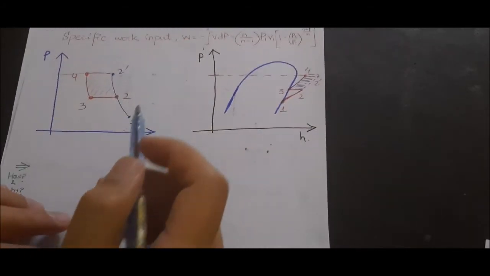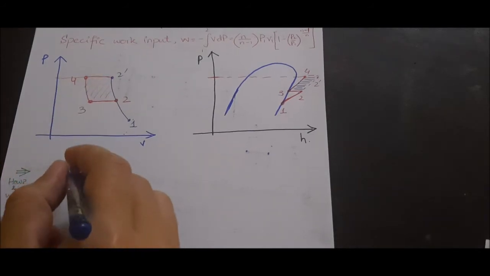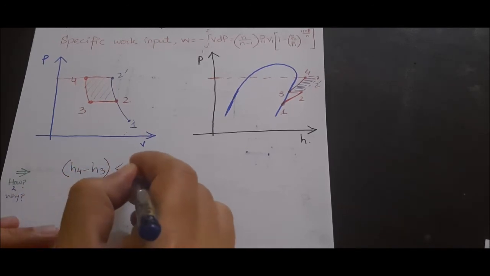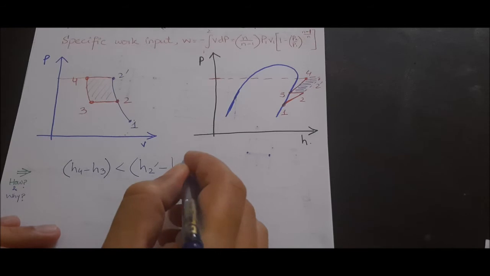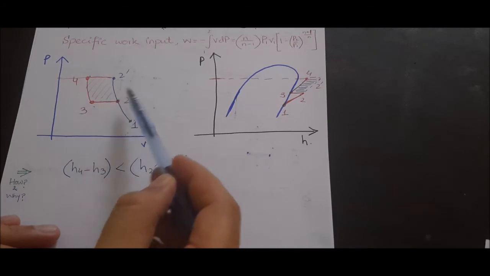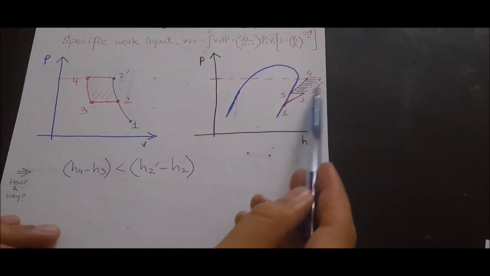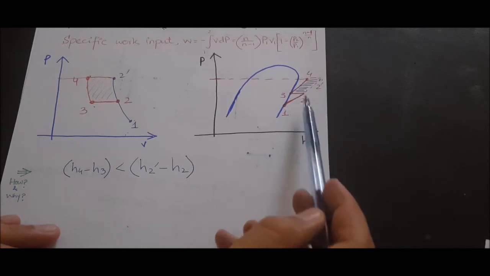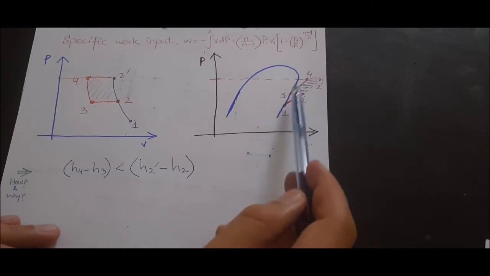Now to discuss further how we have actually reduced this work, you can see that H4 minus H3 is less than H2 dash minus H2, which is quite obvious from here. 2 dash is at higher enthalpy and 2 is also at higher enthalpy, so the subtraction would also be higher, and H4 minus H3 will actually be a lesser value.